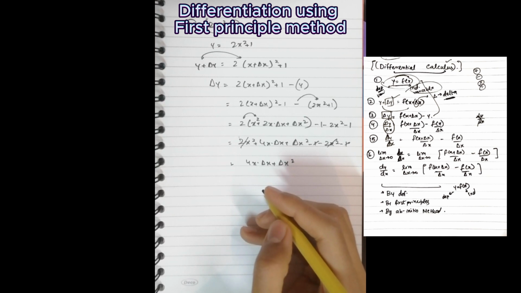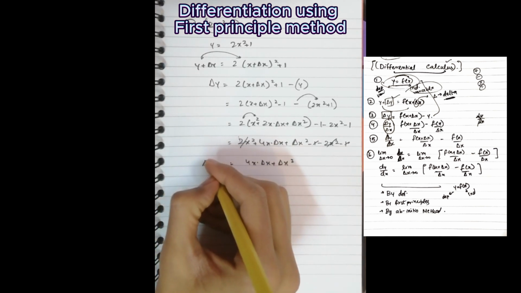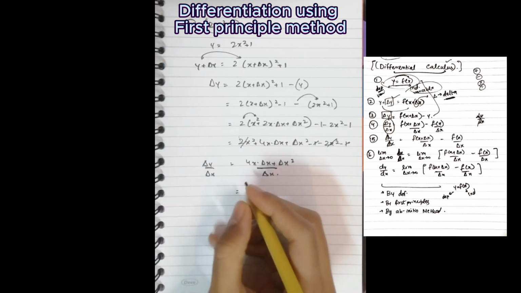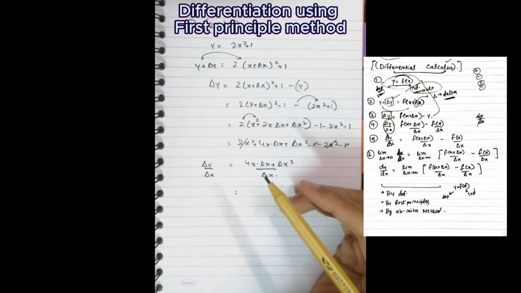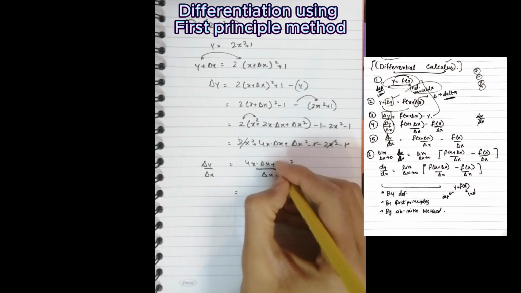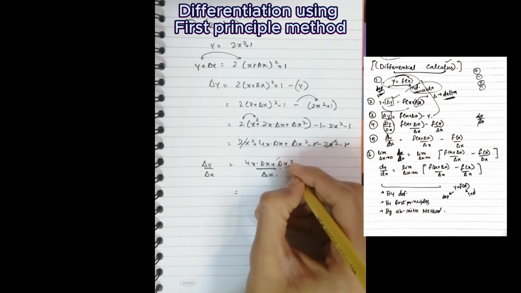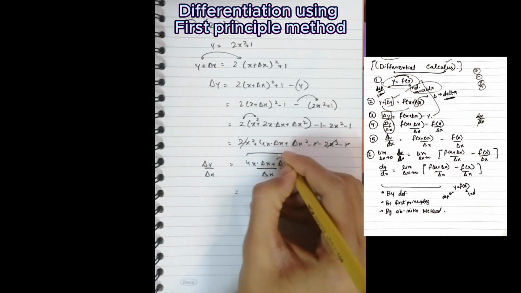It cannot be simplified much further, so we are going to move towards the fifth step, and that is dividing by the delta x. Okay, so we are going to divide by delta x. The trick is that you have to simplify it until you reach the point that you can take delta x common from the given equation at this endpoint.